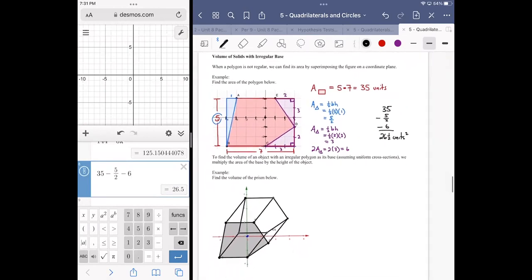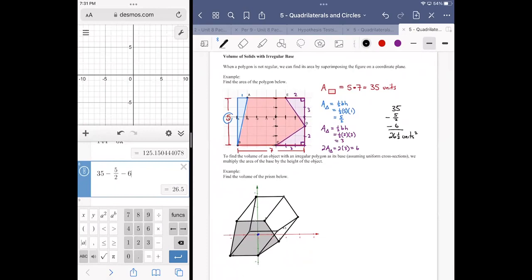Okay. Now, we have this funky looking prism here, which I created on GeoGebra. Surprise, surprise. I don't think I saved it. All right, let me take a quick look. Might have. Sometimes I save. I just don't ever remember what account I use for this stuff.